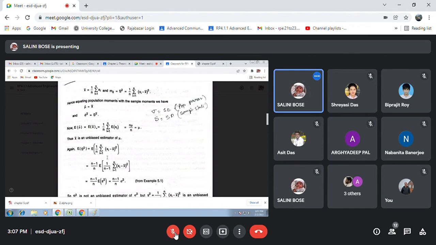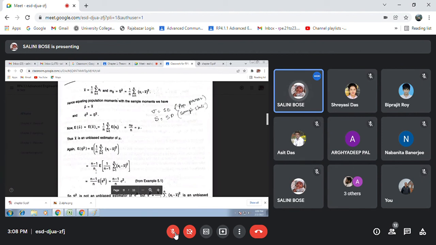This is the formula of small s square, where we take one unit less than the population because the degree of freedom is decreasing by 1 unit. So this is nothing but small s square.